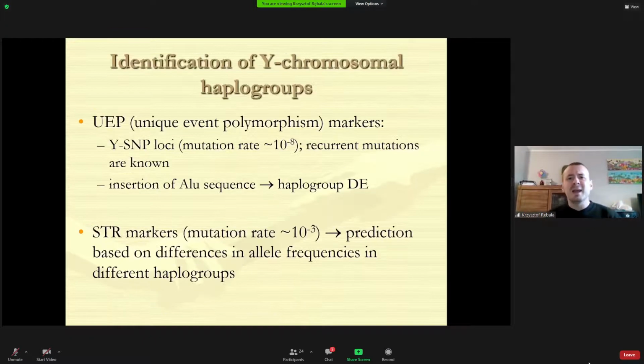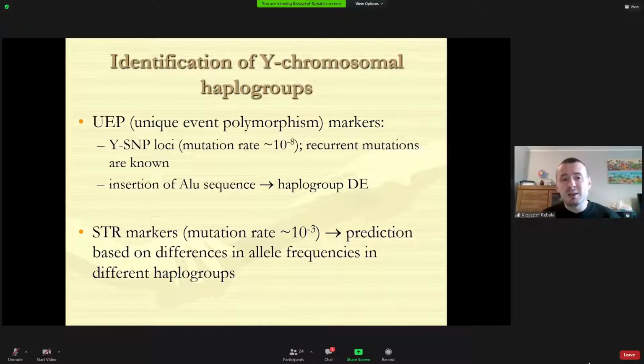Okay, and how do we identify the Y chromosomal haplogroup? Of course, we can do it directly based on the analysis of unique event polymorphisms. These are polymorphisms which are assumed to appear only once in the genetic history of our species.